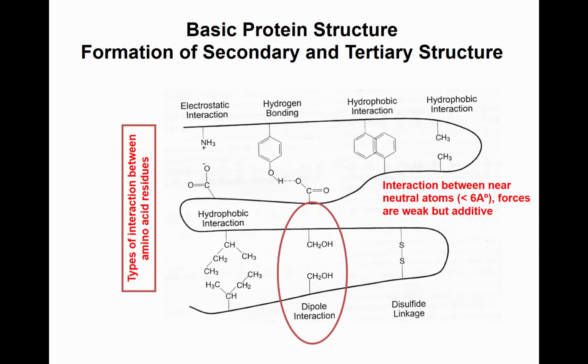It's the dipole interaction, or sometimes you can see it as van der Waals interaction. So it happens between two neutral functional groups, and they have to be within a short proximity to each other in order to interact.